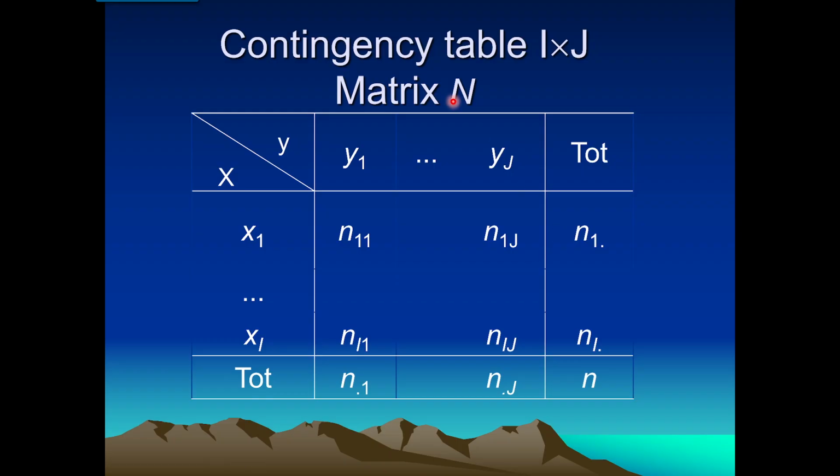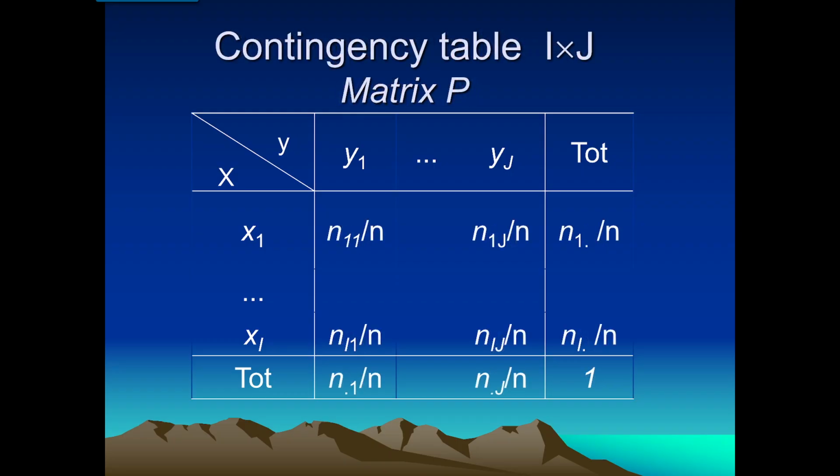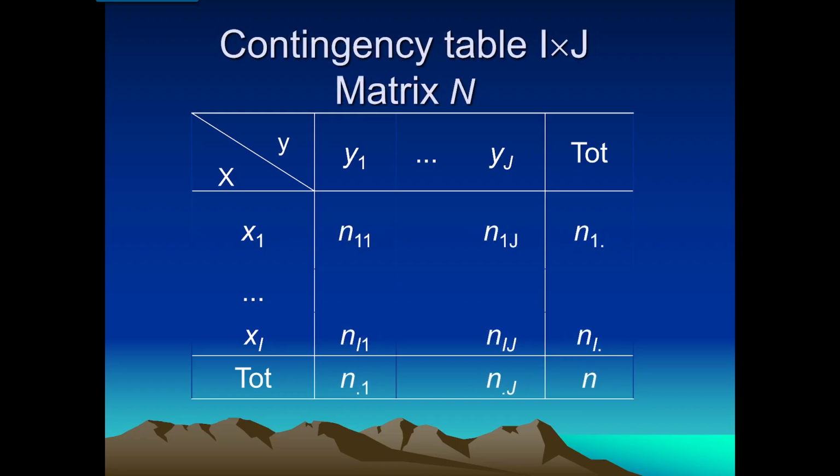Capital N is the overall matrix of size I times J. In the marginals, you have the total of the first row, the total of the ith row, the total of the first column, the total of the jth column. Sorry, this is very trivial, but this is matrix N.